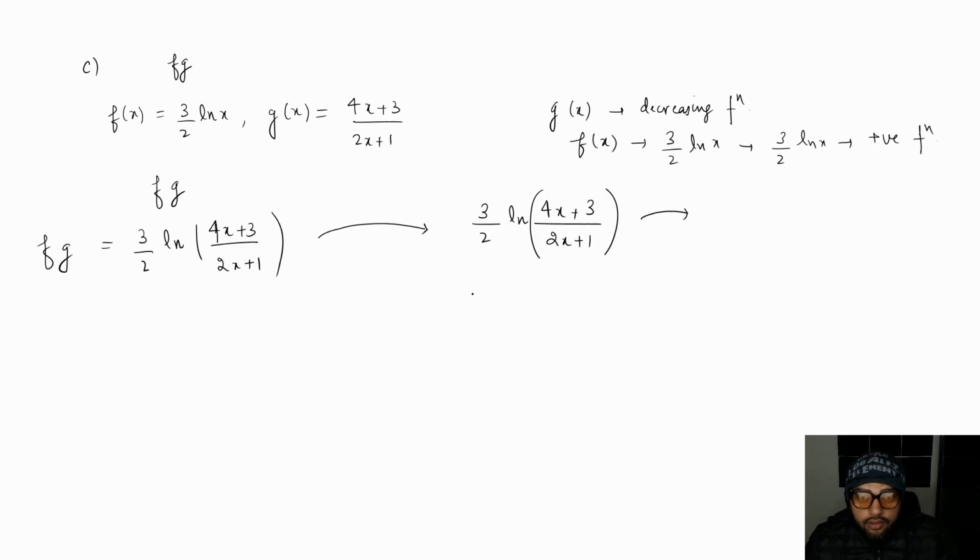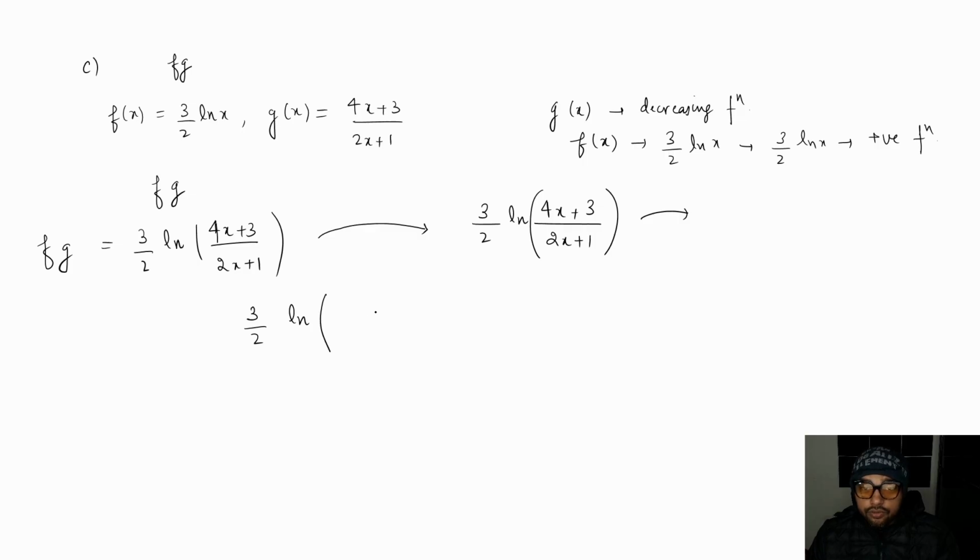So if we want to find the range of this particular value, first what we need to do is substitute the value of x equals 0. Why am I substituting the value of x equals 0?